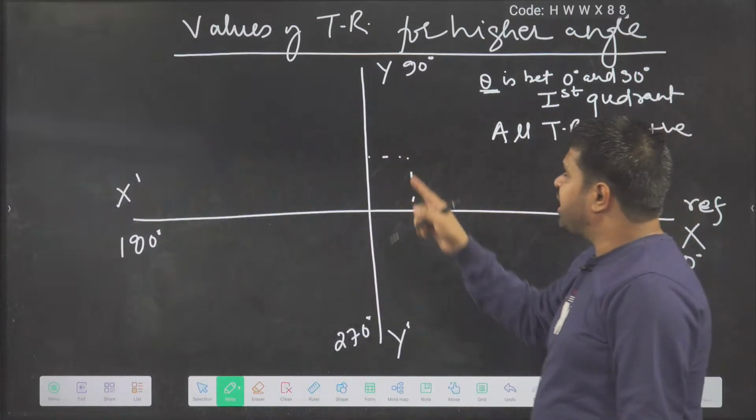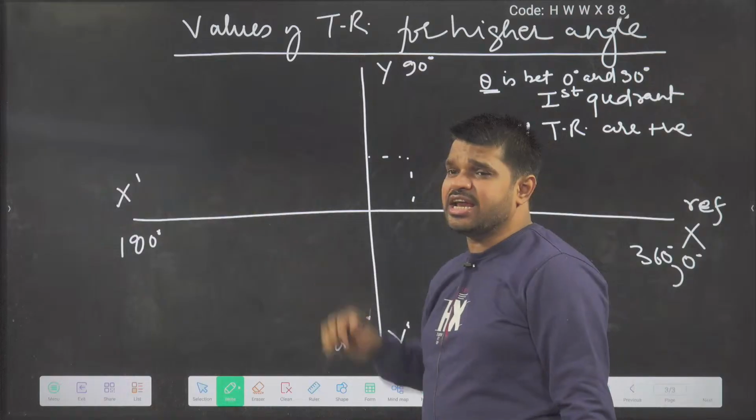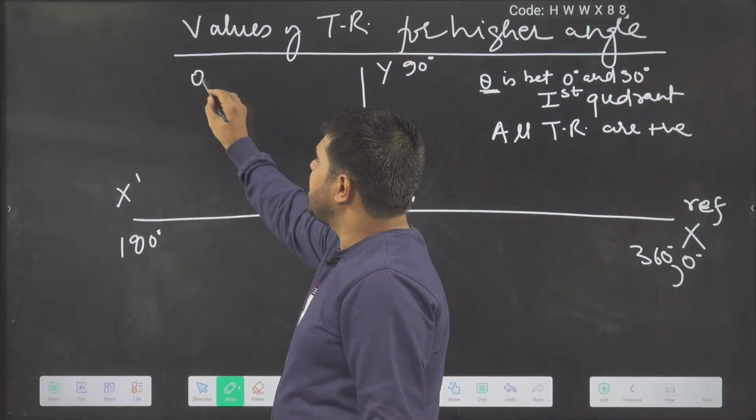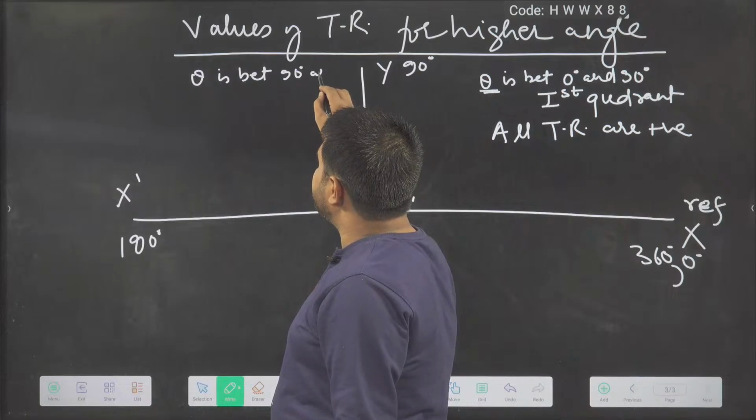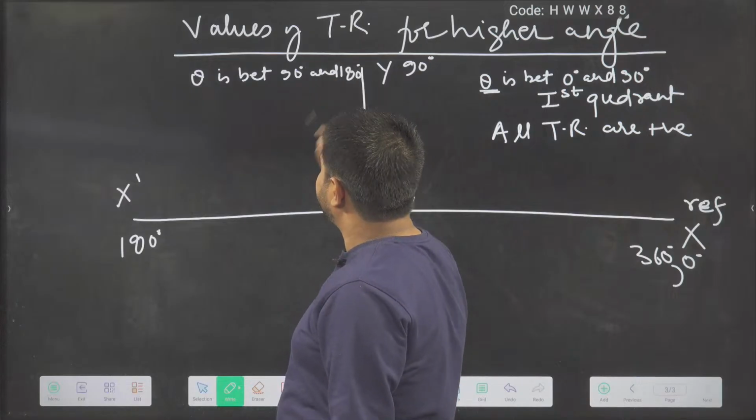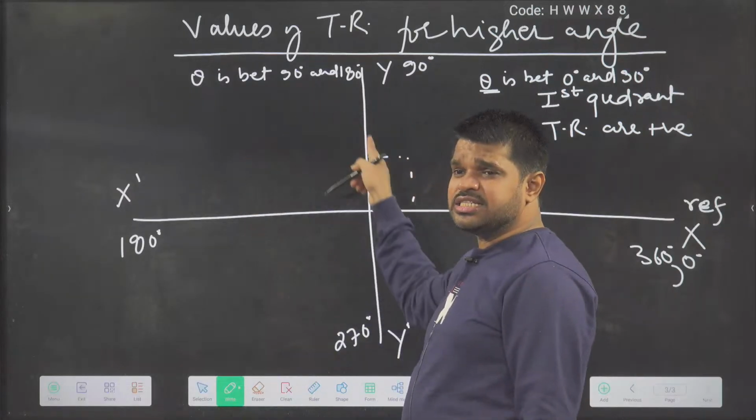Now, when our angle theta is between 90 degree and 180 degree, we are present in the second quadrant.